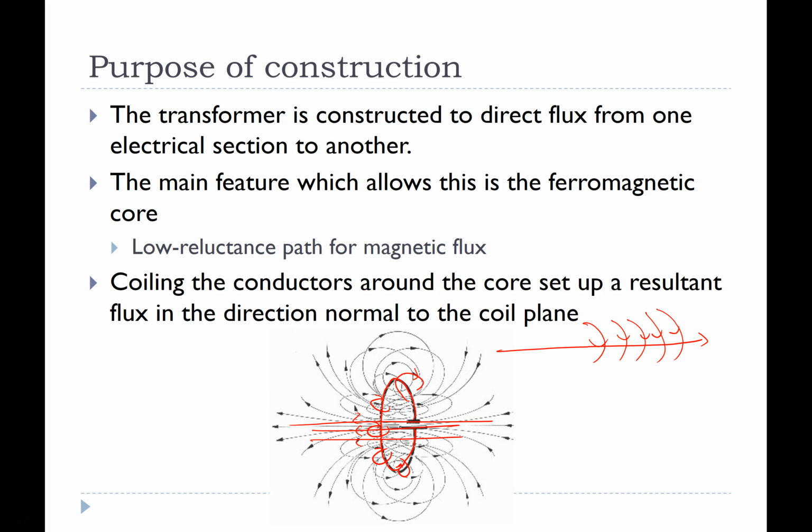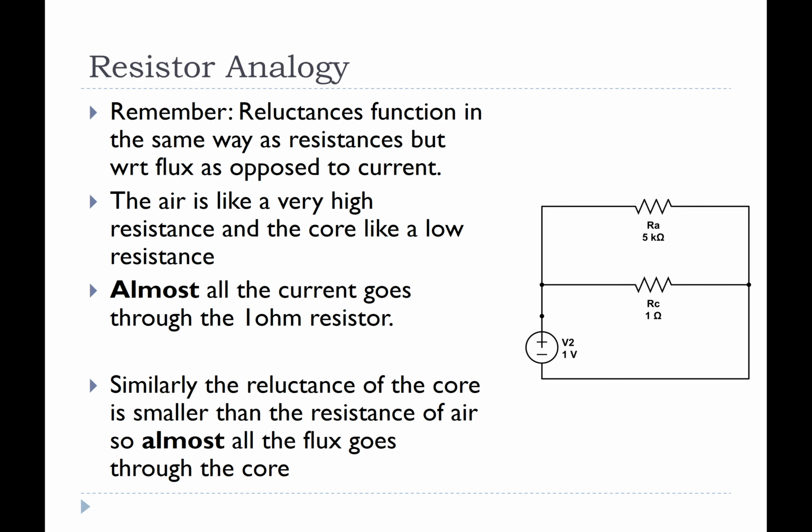The next thing we want to do is we want to direct the flux to the next coil. So for that we use a core, and the core works pretty much like a resistor, a low resistance path. Now if you remember from your 1015 class, when we talk about magnetic fields, we don't use the term resistance, we use the term reluctance.